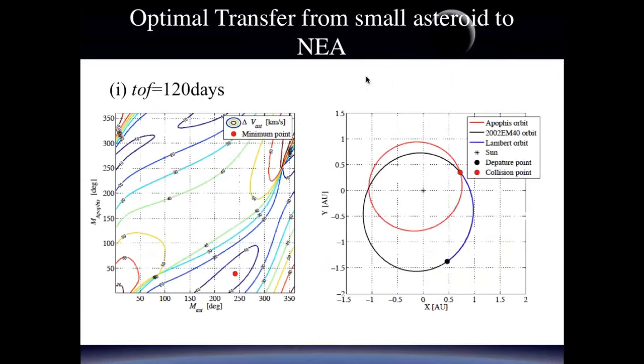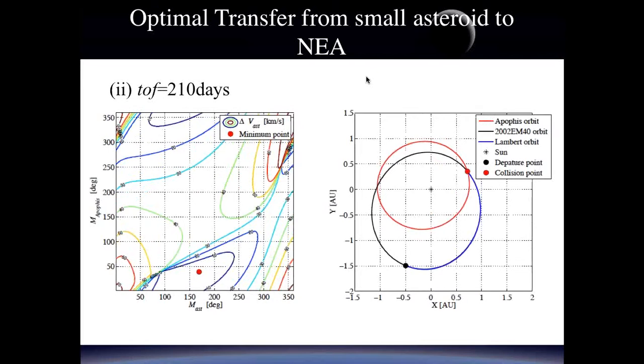And I go back to this slide. And please see the right figure. In this figure, the red point is the optimal collision point, and the black point is the optimal departure point for this time of flight.